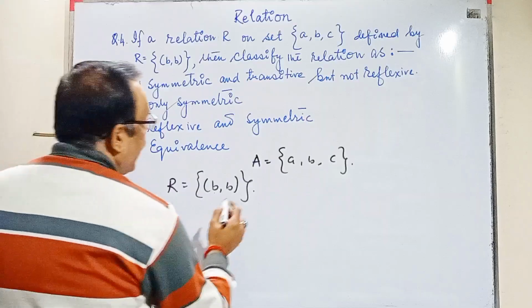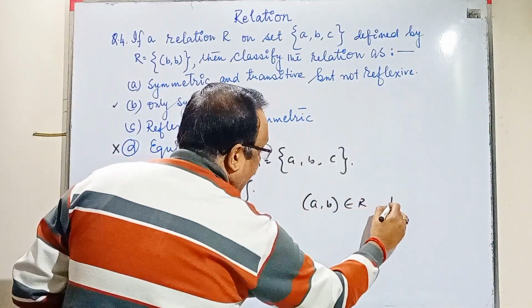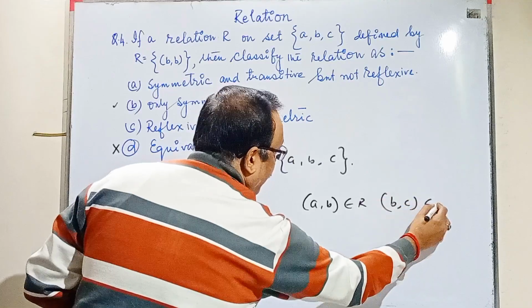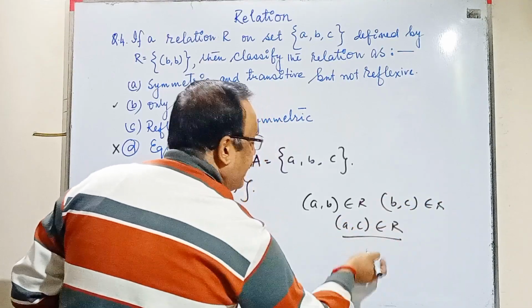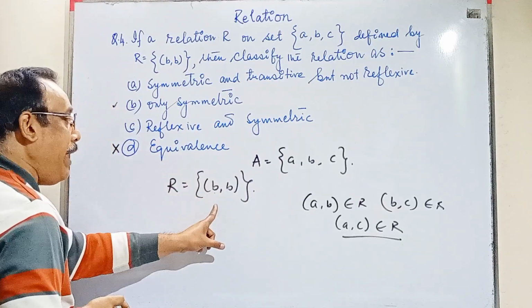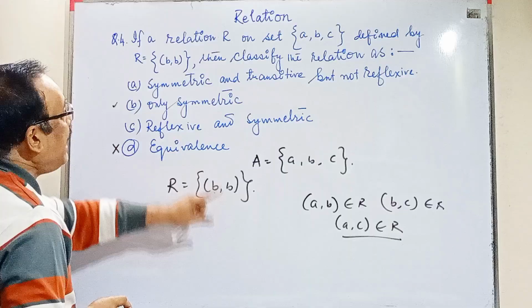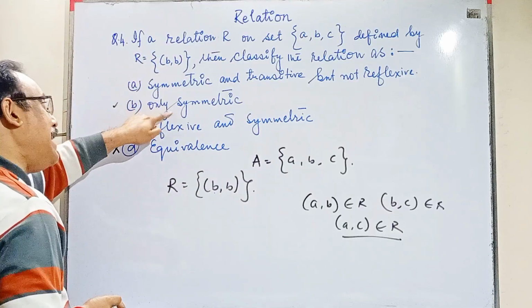Again, I have told you that if (a, b) belongs to R and (b, c) belongs to R, then (a, c) belongs to R. If this happens, then that is transitive. So I got (b, b), which is obeying the symmetric condition. Will I say that this relation is only symmetric or can it be transitive also?